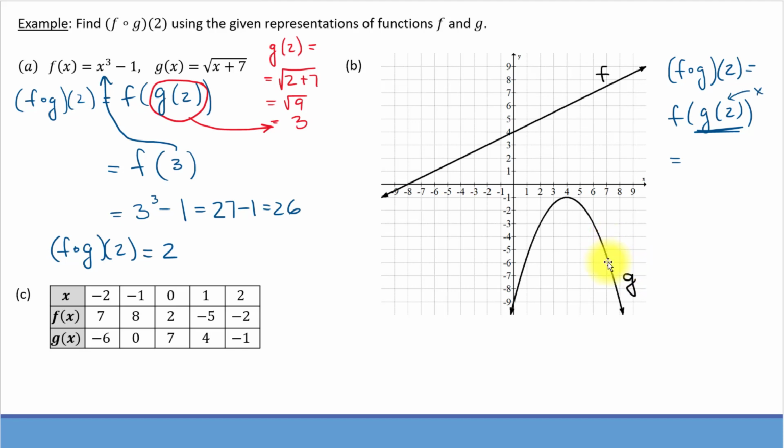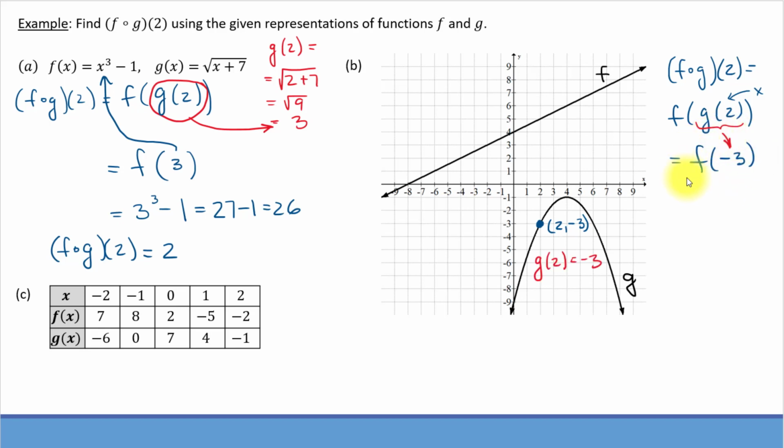So on the graph of function g, we have to find the point with the x value 2 and see what its corresponding y value is. Well, here's 2 on the x-axis. If we go down to function g, that's going to be the point. It has coordinates 2, negative 3. That means that g of 2 is negative 3. So we're going to replace g of 2 with negative 3.